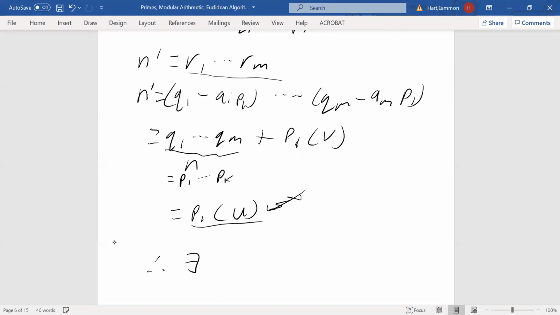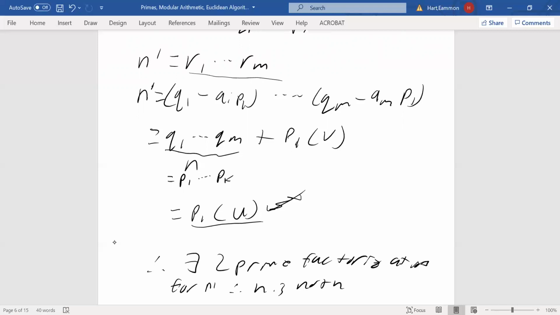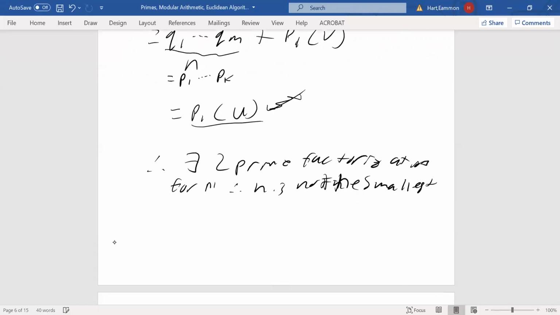Therefore, there exist two prime factorizations for n prime. Therefore, n is not the smallest. Right? Because we assumed that n was the smallest. Therefore, it must be a unique prime factorization.